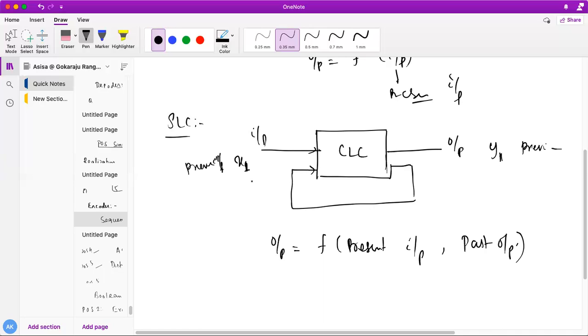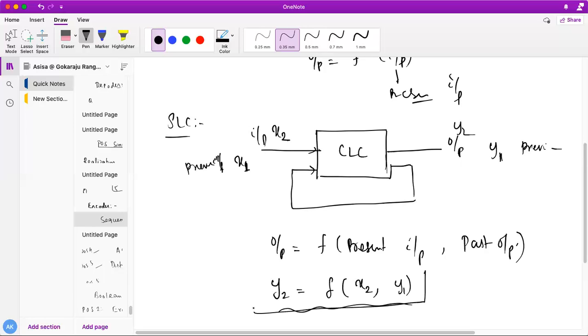Now I give input x2, and for this x2 I get output y2. So y2 depends on what? It is a function of x2 as well as the past output y1. So the sequential logic circuit takes the past output into consideration to find the present output.